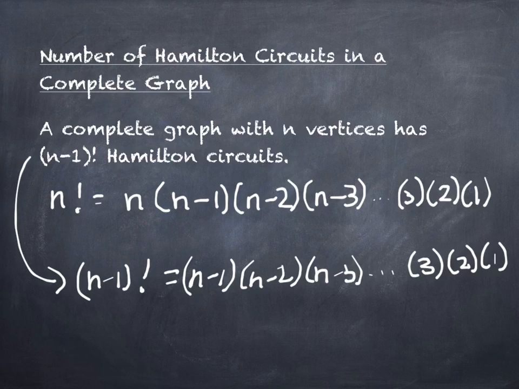Because this says if I have n vertices, I have n minus 1 factorial circuits. So if I have 5 vertices, I will have 5 minus 1, which is 4 factorial circuits, right? What was 4 factorial? 24. We're going to write out 24 different circuits. How excited are you?